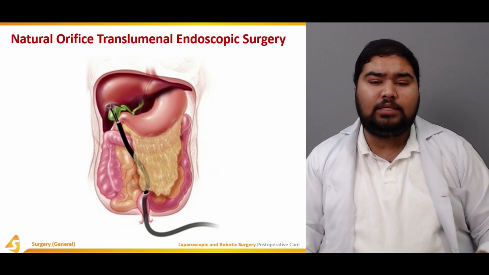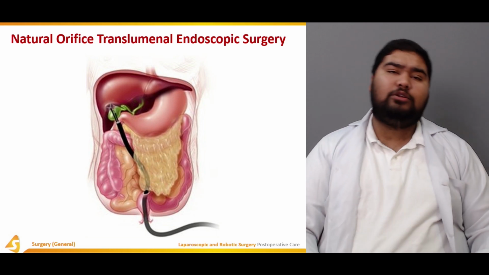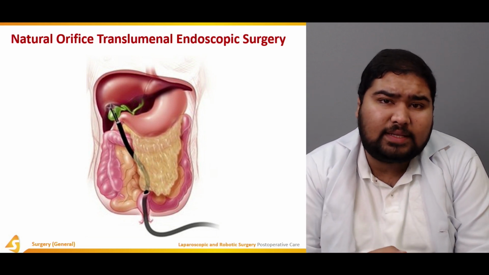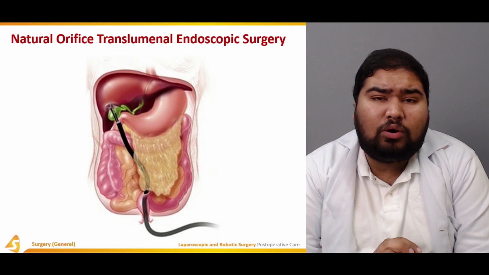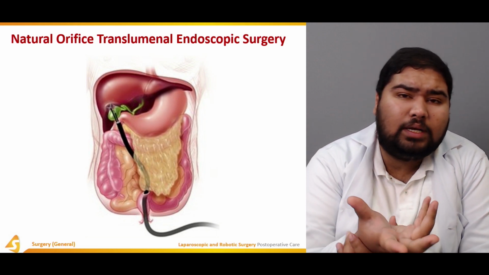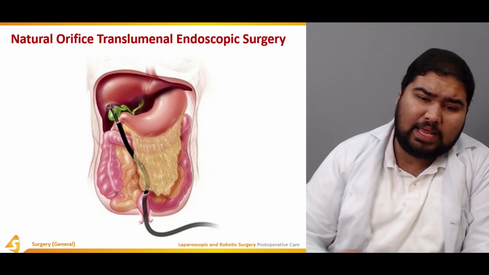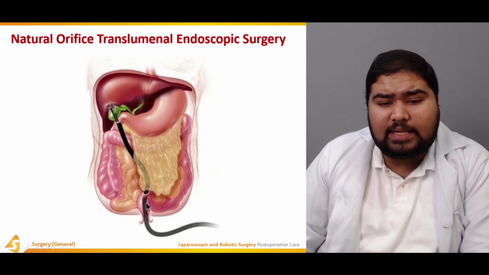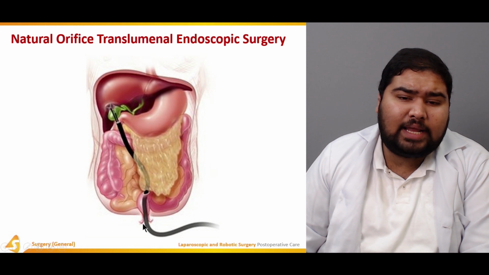So in natural orifice transluminal endoscopic surgery, you try to go through a natural orifice. Going through a natural orifice gives you a preformed area. Here you can see they're going, this is the vaginal canal. So this is the natural orifice.